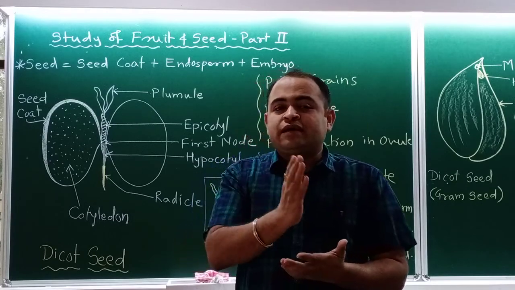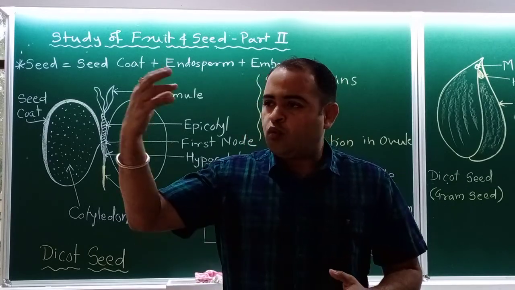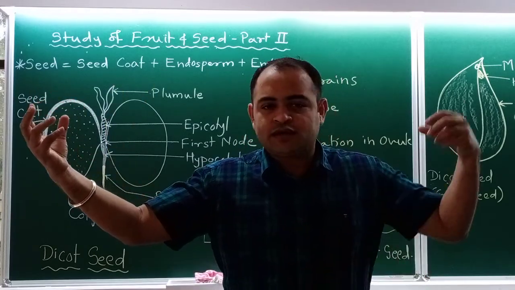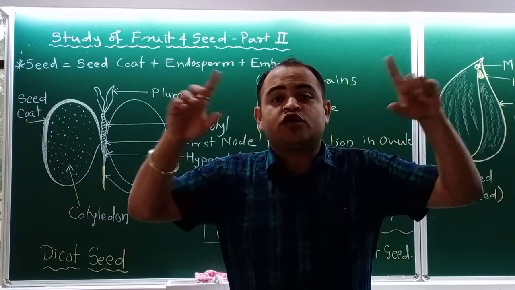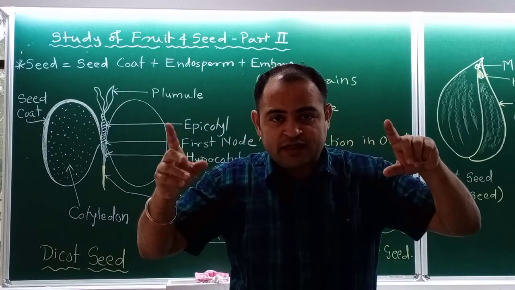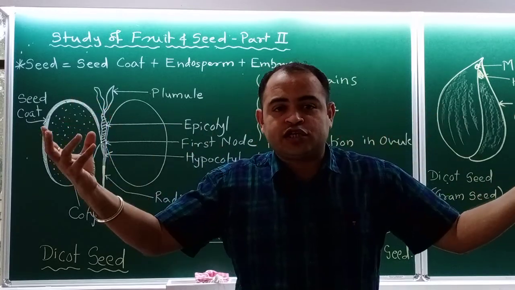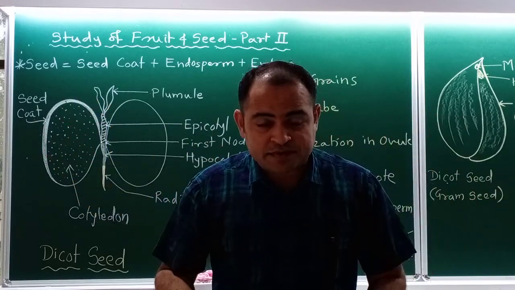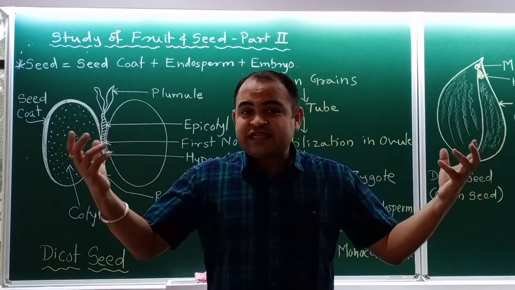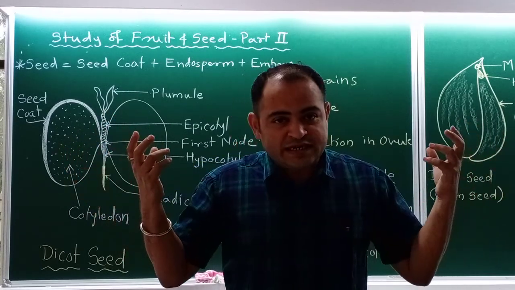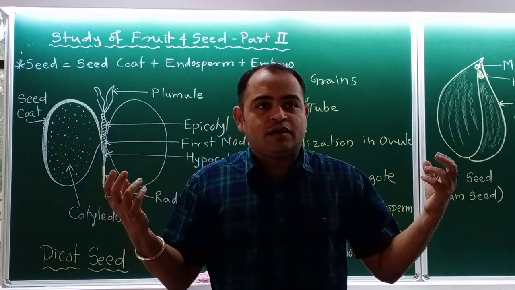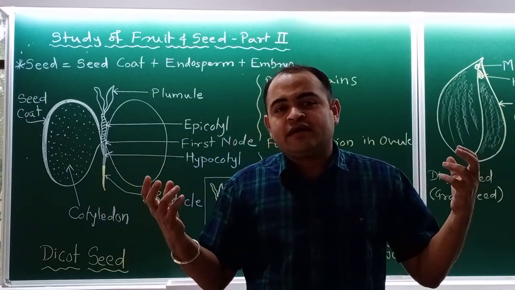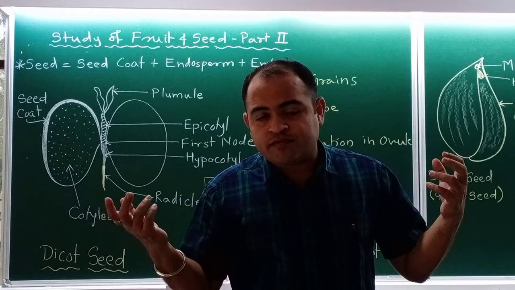Now once again think about plants. One plant is placed at one place, another plant is situated at another place, and if cross pollination occurs, or let there be self pollination, don't worry about the pollination mechanism. When seed setting occurs, you cannot expect that the seed will immediately get a favorable condition.